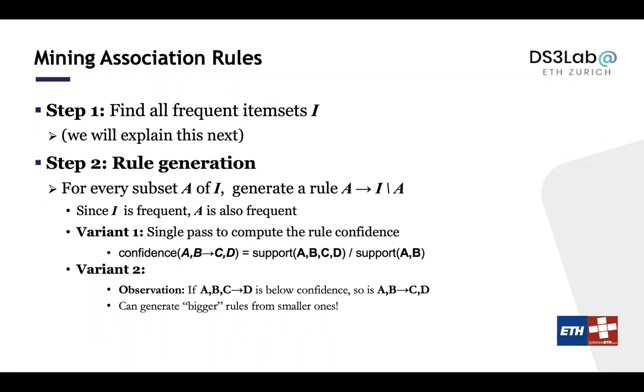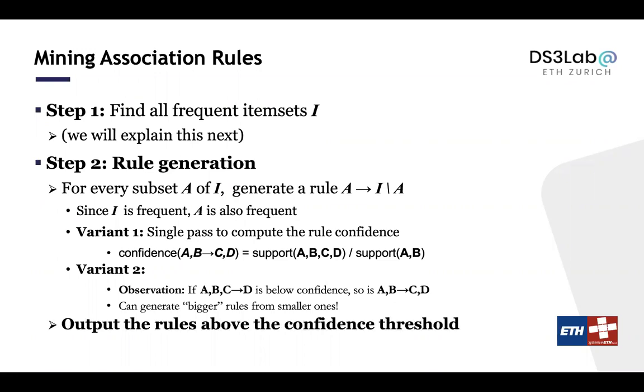Depending on the algorithm, you have different ways of filtering all the rules below a certain confidence. After step number 2, you filter all those rules with low confidence, and then you output whatever rules you have that are above the confidence threshold.